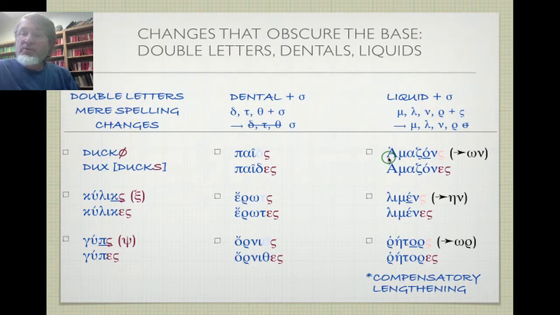Ons takes longer to say than on. Ors takes longer to say than or. And as the sigmas disappeared, these ons and ors stayed long in their pronunciation. They stayed long in their songs and their poems. It just sounded right to hold that syllable.